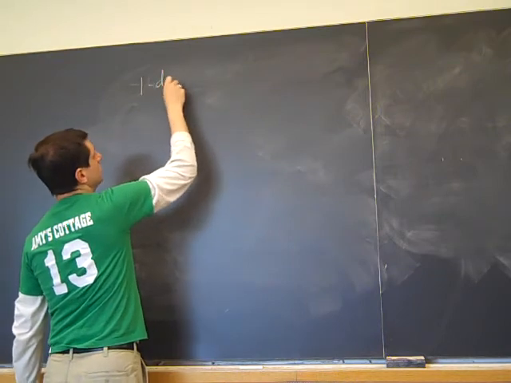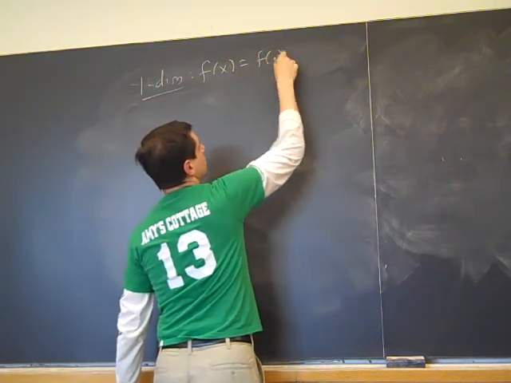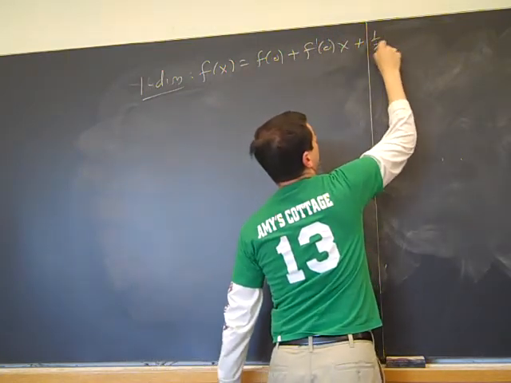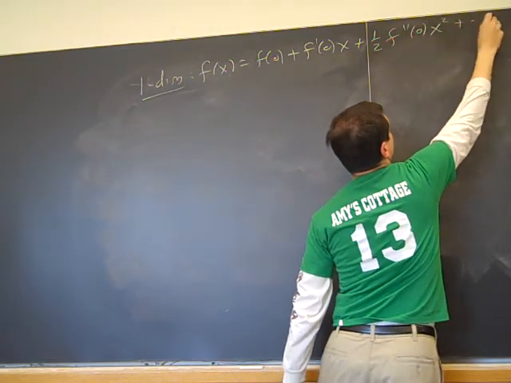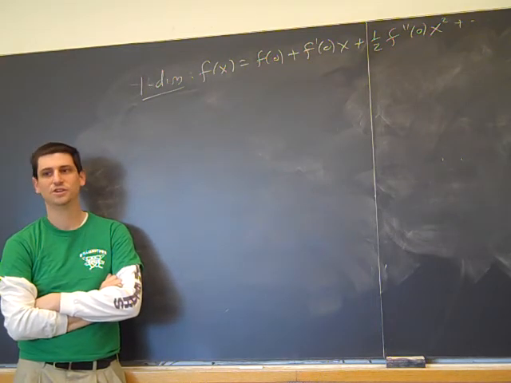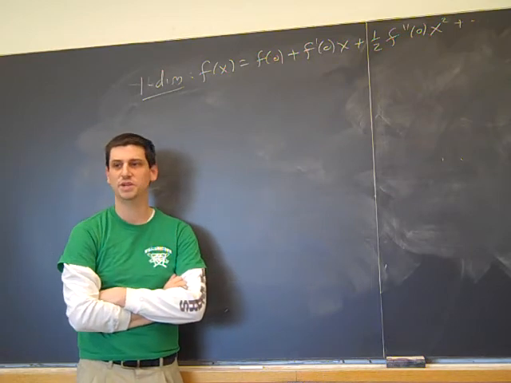So, one dimension. f of x is f of 0 plus f prime of 0 x plus 1/2 f double prime of 0 x squared. In several dimensions, what do we do? We can't use primes, so what's f prime going to become?